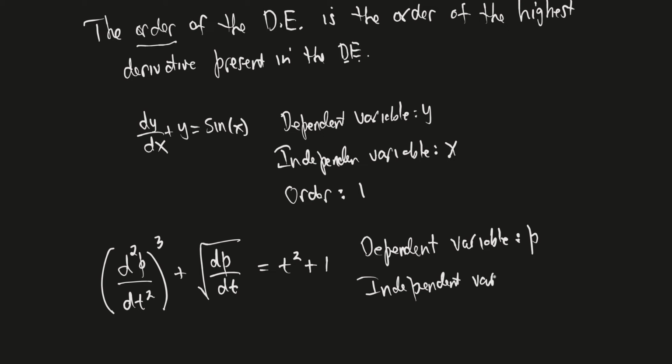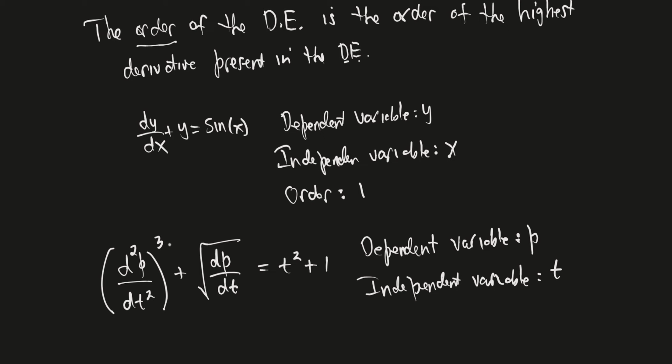Now for the order, and this is where you have to be careful, particularly when you're using the Leibniz notation for your derivative. Here, this is saying that we're taking the second derivative of p with respect to t, right?